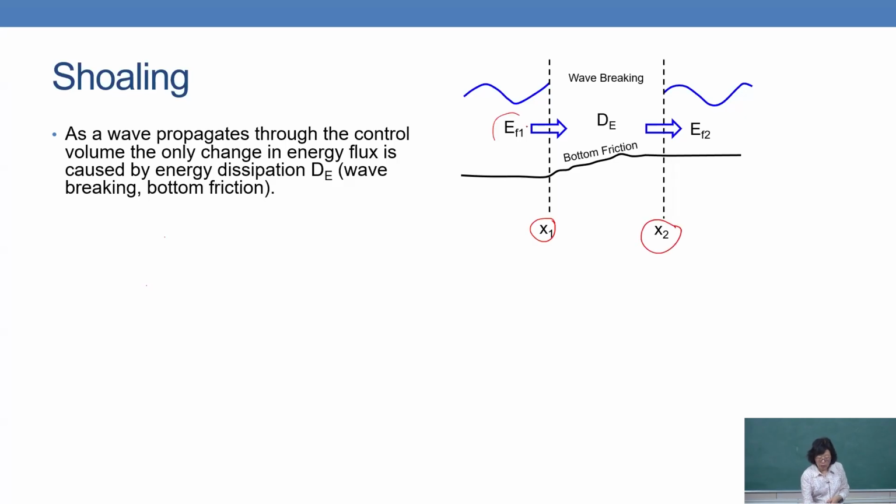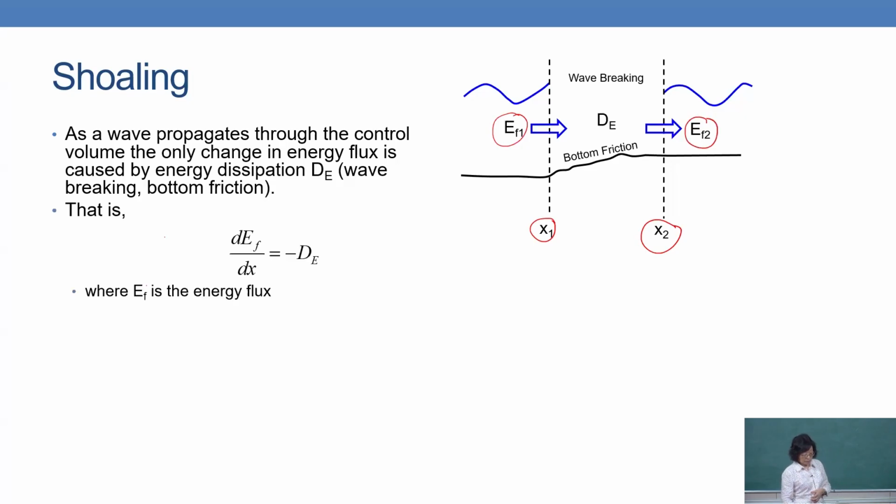Then we look at the energy change, or gradient of the energy, the dEF over dx. For these two locations, how does the energy change? That will be the dE there.